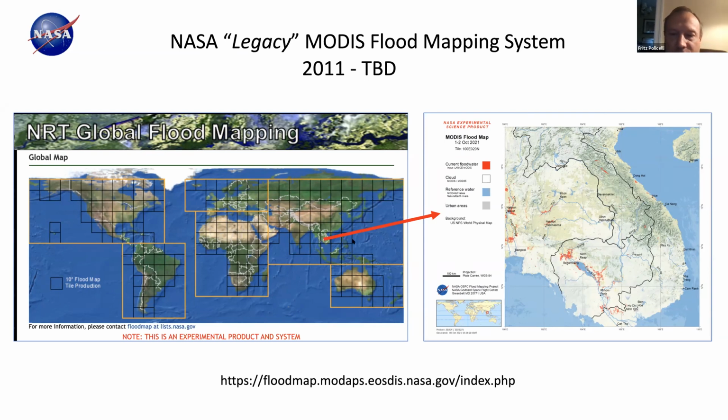And this is just one example of some recent flooding that we were looking at in Southeast Asia, and the interface for the legacy system. There's the link below if you have any interest in looking at that. Okay, next chart, please.